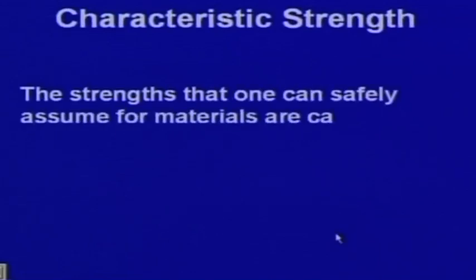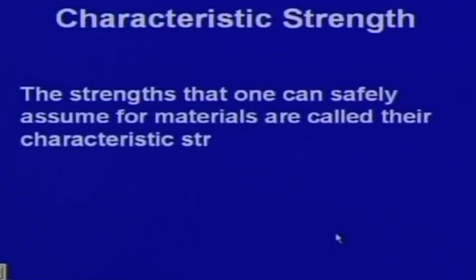So, now we consider that characteristic strength. I have told already that it comes from the cube strength of concrete. The strengths that one can safely assume for materials are called their characteristic strengths.